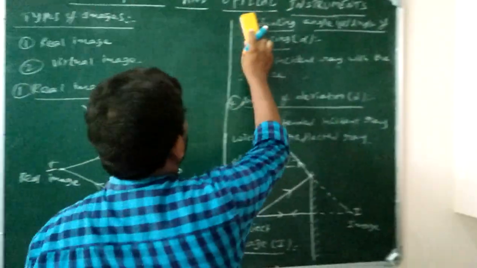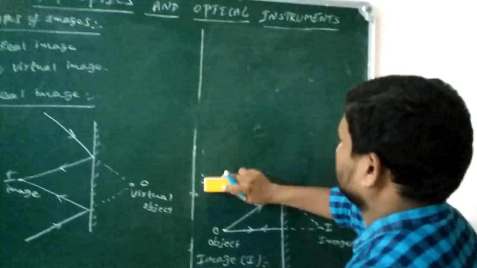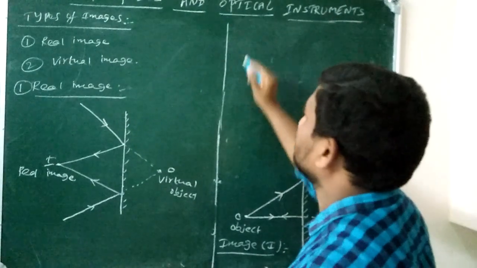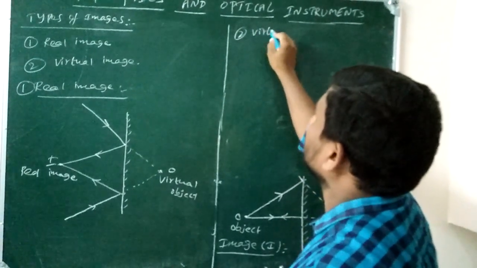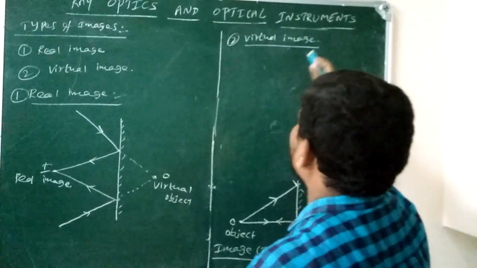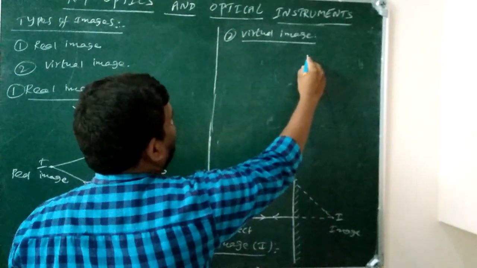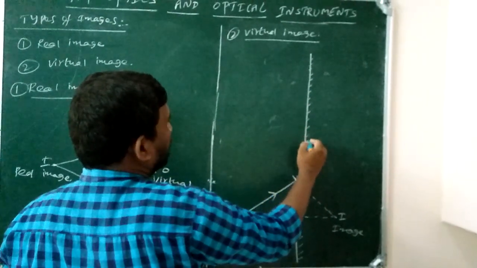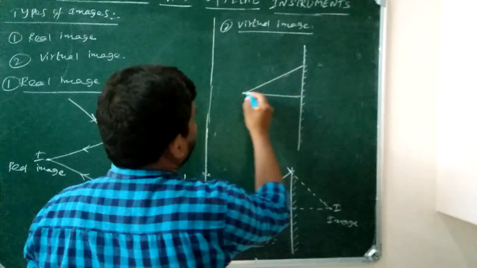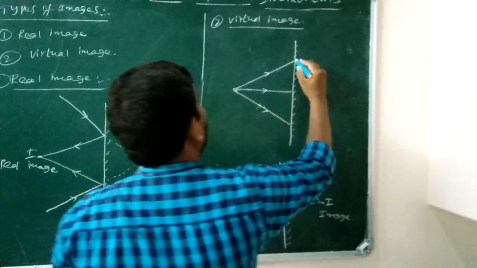And the second one we call virtual image. If the rays diverge after reflection, then the point of intersection of the extended reflected rays we call a virtual image.